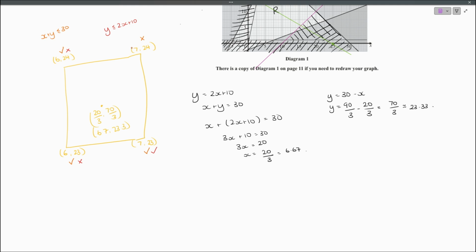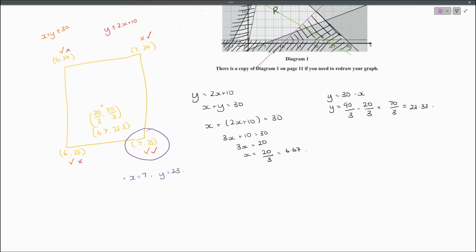And if we add 10, that gives us 24. Our y coordinate of 24 is less than or equal to 24. However, there's only one solution that satisfies both of these. And that solution is x equals 7 and y equals 23.